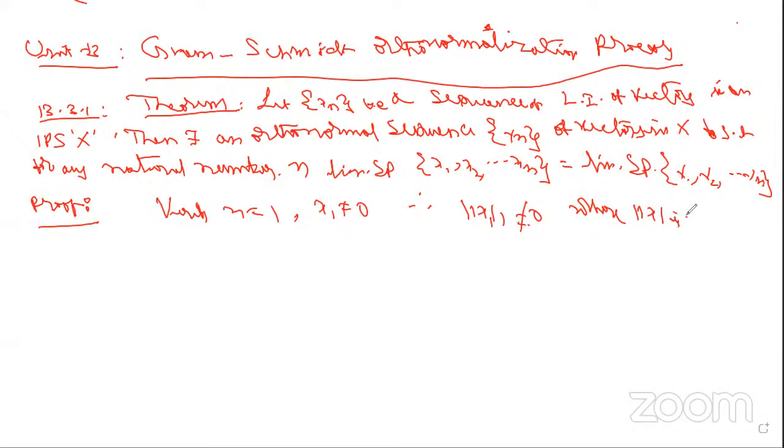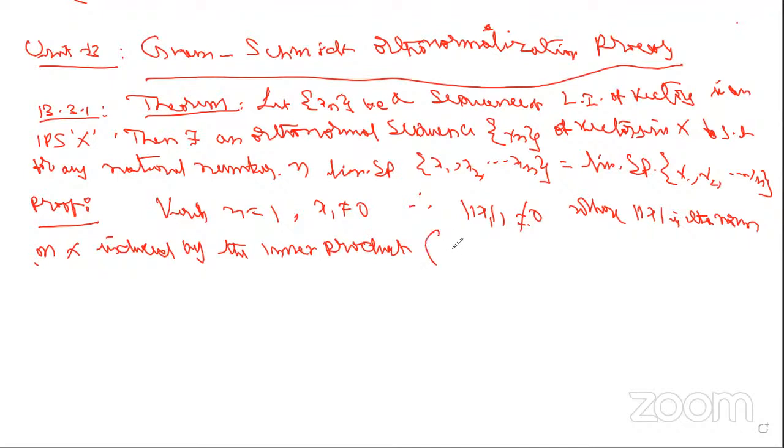The norm of x can be written as the square root of the inner product of x comma x.